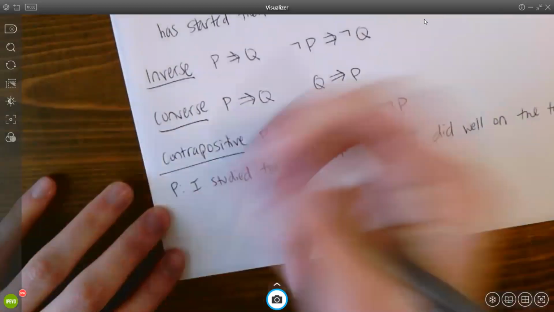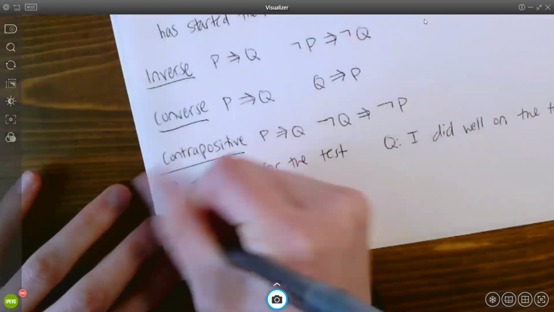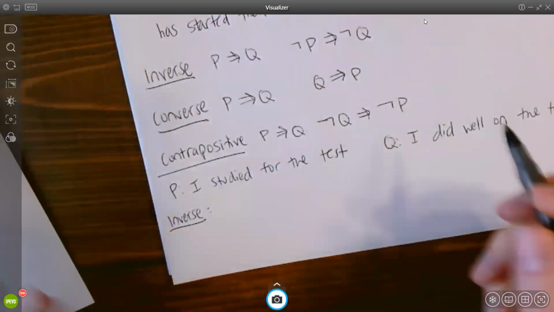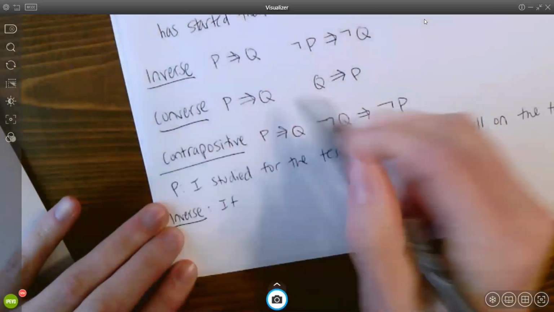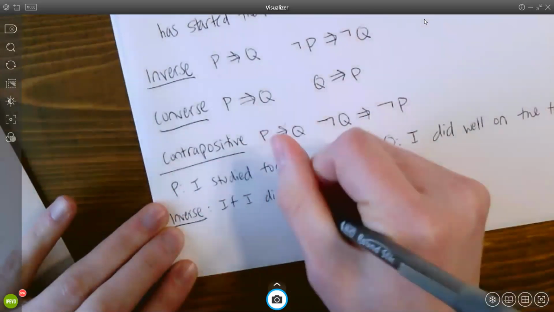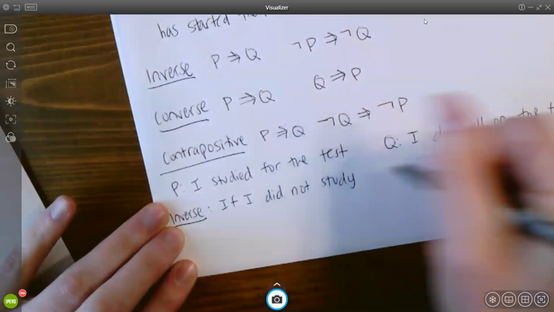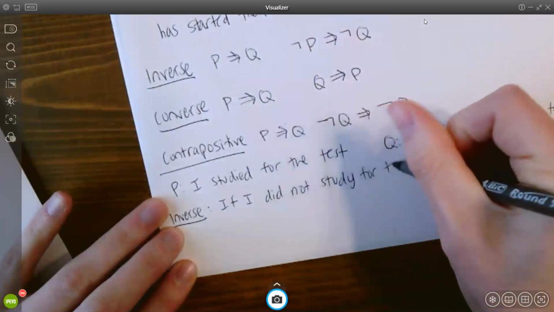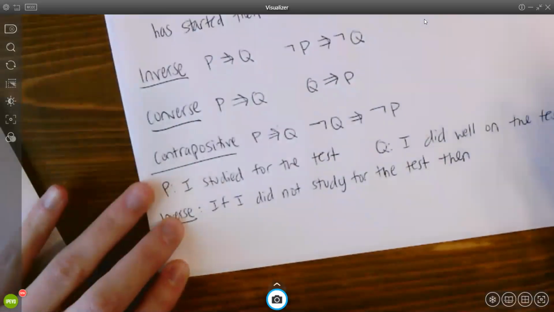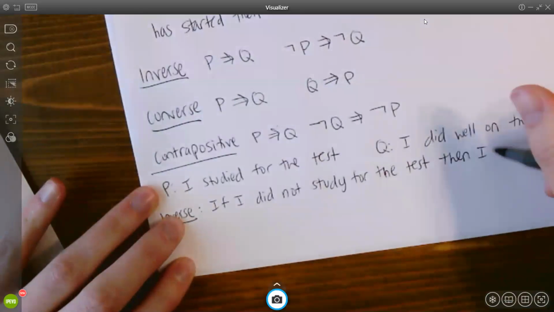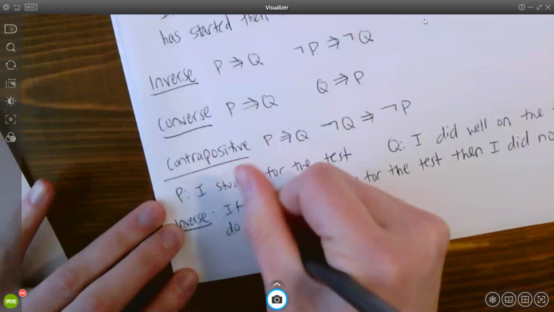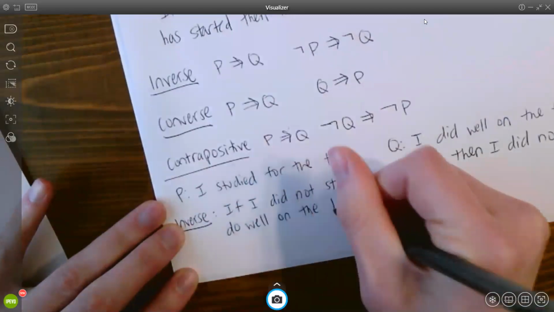So first, the inverse would be if I did not study, because again, it's the negation of P. If I did not study for the test, then negation of Q. Then I did not do well on the test.